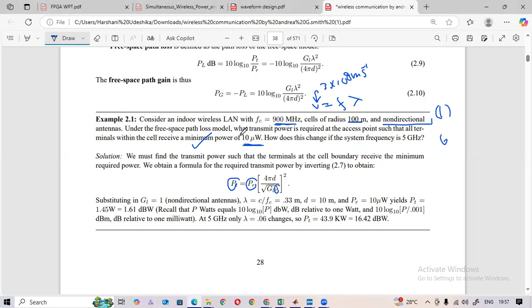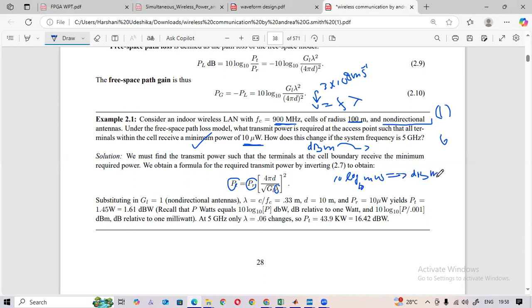Sometimes the received power may be given in dBm. If you are using this equation, you need to convert this dBm into watts. dBm means if you have a milliwatt value and you take 10 log 10 of it, you get the dBm.